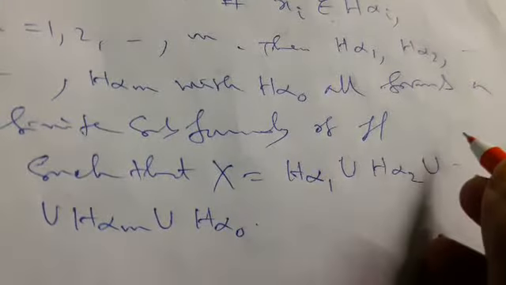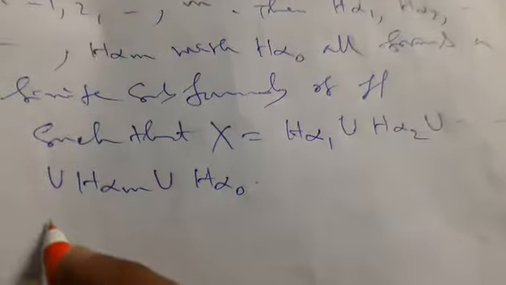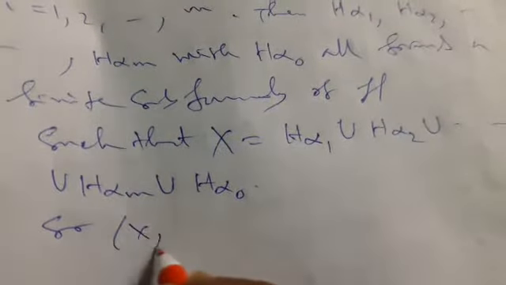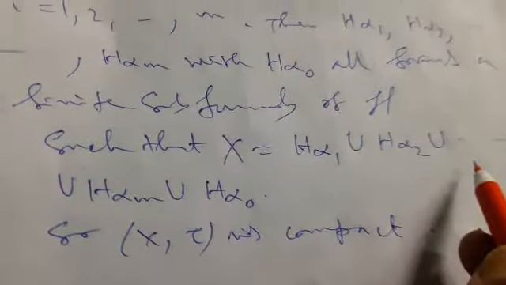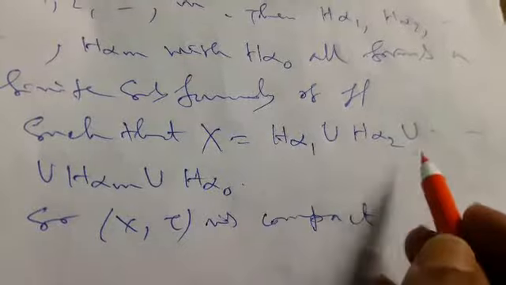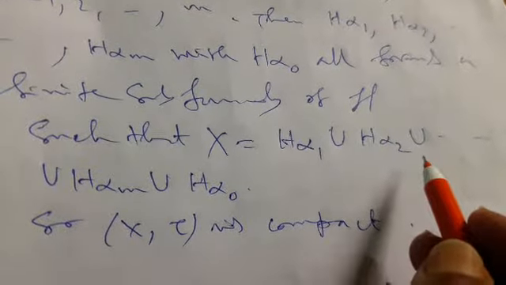In this way we find the finite subfamily, so (X, tau) is compact.